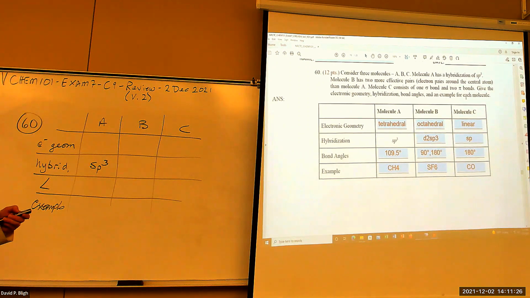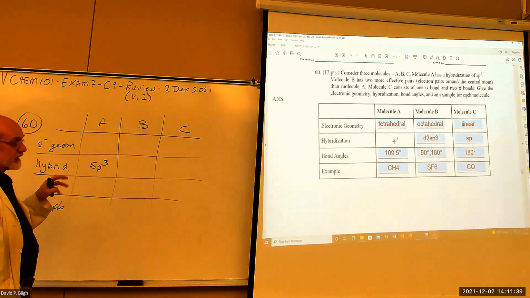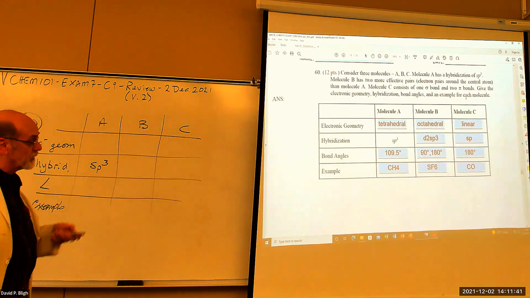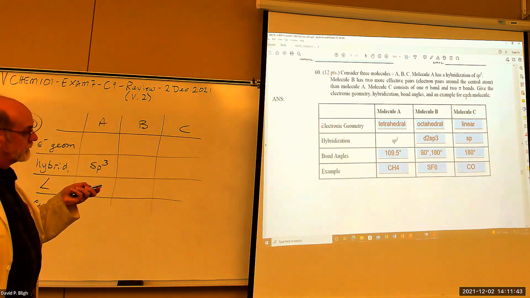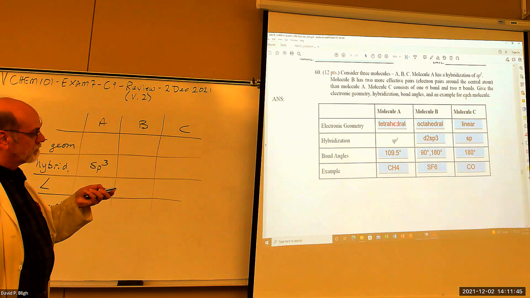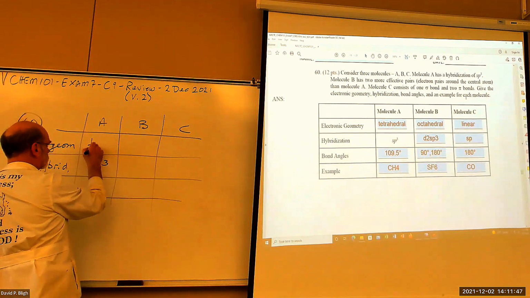Molecule B has two more effective electron pairs around the central atom than molecule A. Okay, we have to make an assumption here. Well, actually, we don't have to make an assumption because electronic geometry says sp3 is tetrahedral.